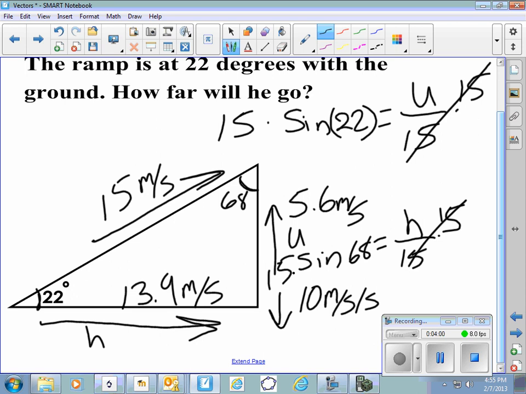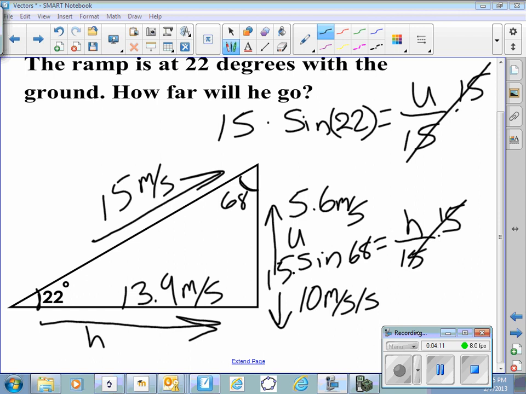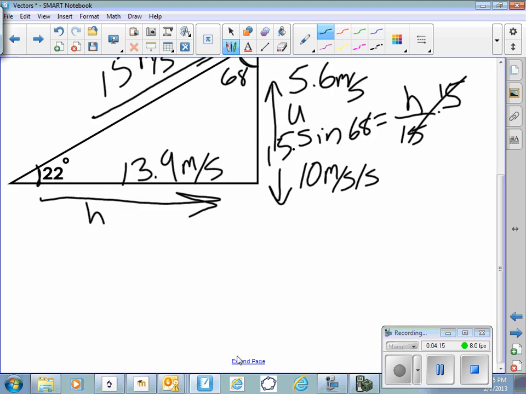So to find out how long it would take for gravity to reverse the motion upwards, we could just see how long that would take at a rate of 10 meters per second.